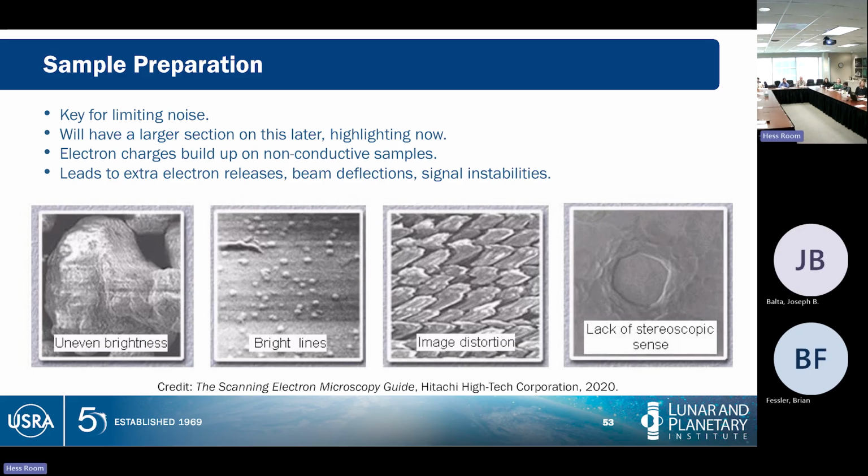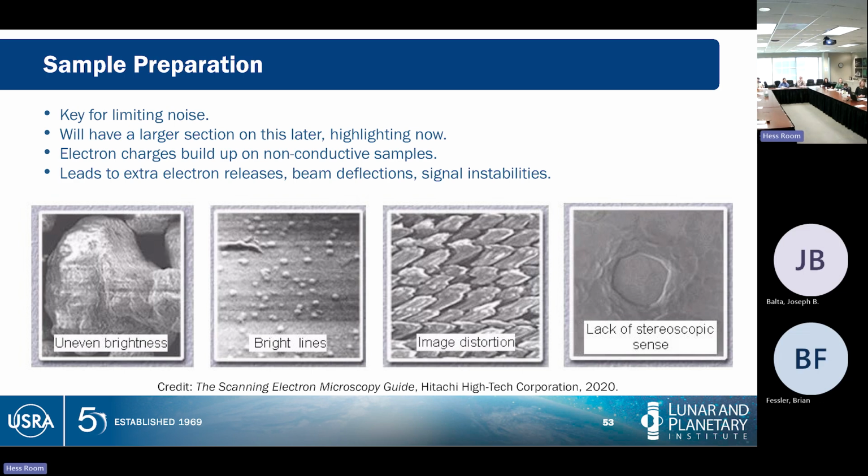So this afternoon, we have a whole session on sample preparation and EDS. Here I get one slide on each. Sample preparation is going to matter for limiting noise. One of our biggest challenges in the electron microscope is electrons. In other words, charge. If I am firing an electron beam at a material, that material will become charged.